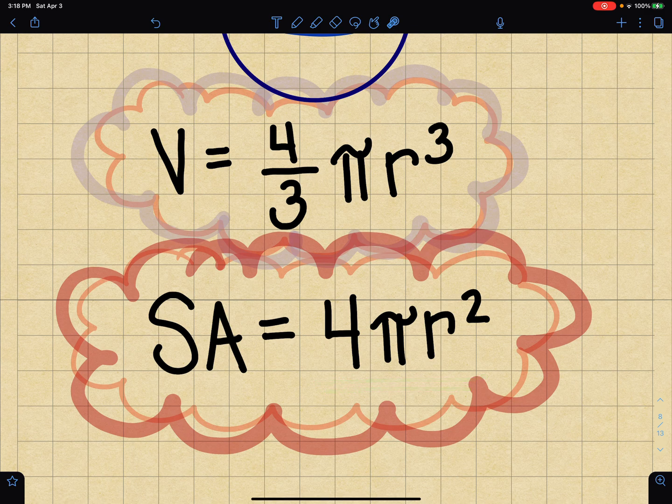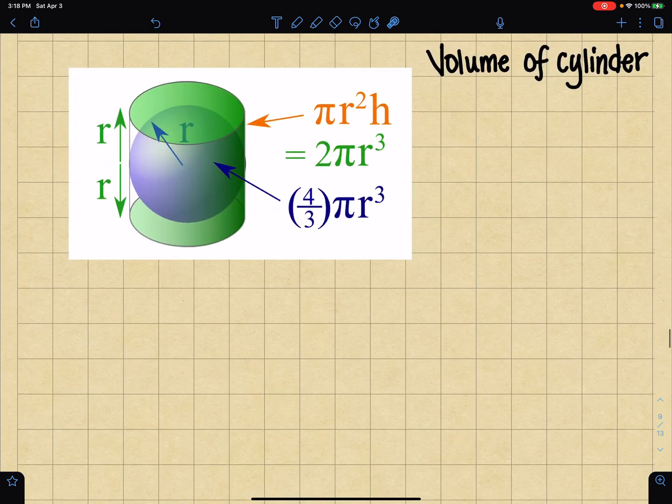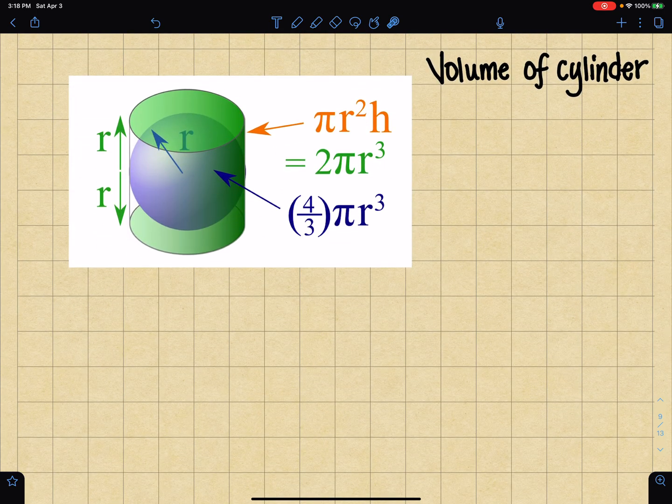So volume is 4/3 pi r cubed. Surface area is 4 pi r squared. That makes sense to me because a square is like an area. And cubed is going to be units of volume, like milliliters or cubic centimeters or something like that, right? Okay, so let's talk a little bit more about volume first, and then we'll hit surface area, and then you get to do your homework.